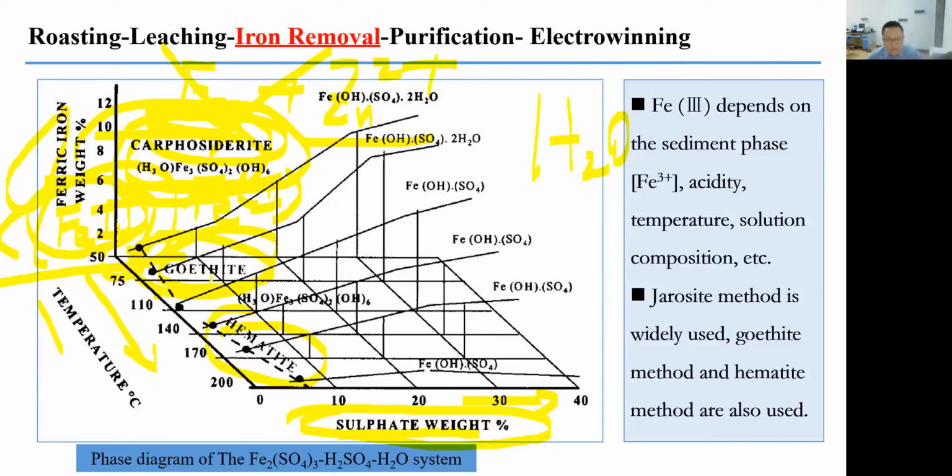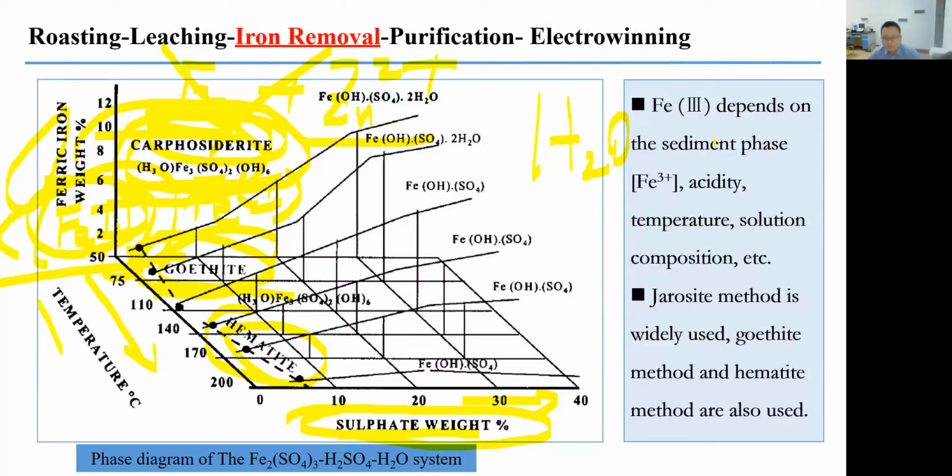So if we are removing iron in the form of goethite or hematite, we have to make sure that the iron is in the right form, and the concentration of ferric ion is small. Also, because of the leaching part, the solution phase has quite strong acidity, so it should be neutralized before we use the hematite or goethite process.